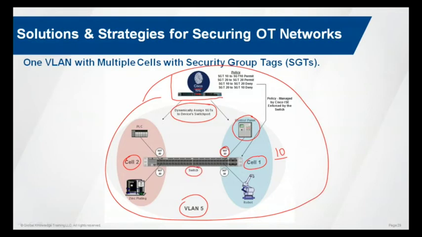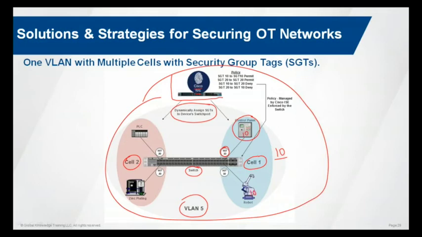The switch is the network access device that is directly communicating with the control system, and the switch can enforce any policy coming from ICE. ICE is not enforcing. The switch is the one that enforces. So the switch, based on the information it received from ICE, will assign this device tag 10.